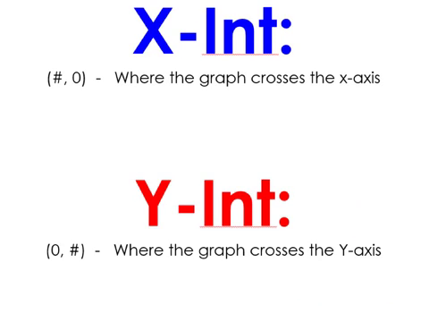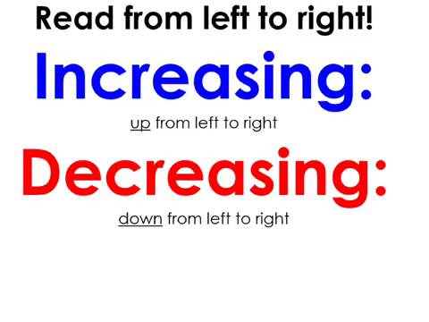Now on to x and y intercepts. Of course, an x-intercept is where the graph crosses the x-axis, and the y-intercept is where the graph crosses the y-axis. Also, when we look at increasing and decreasing intervals, we will read the graph from left to right.